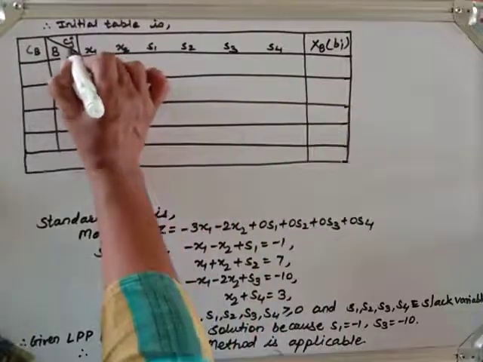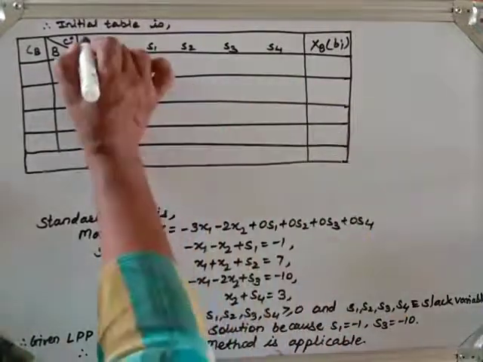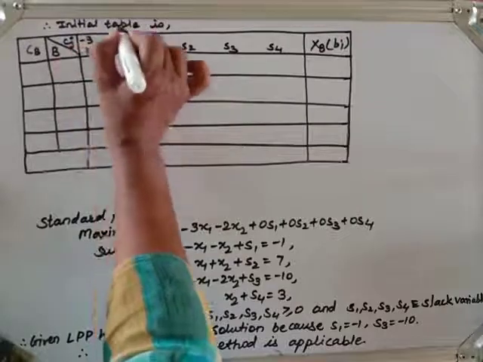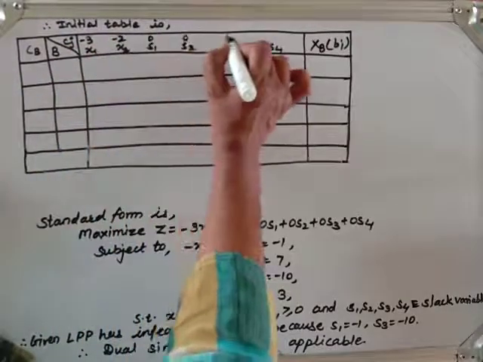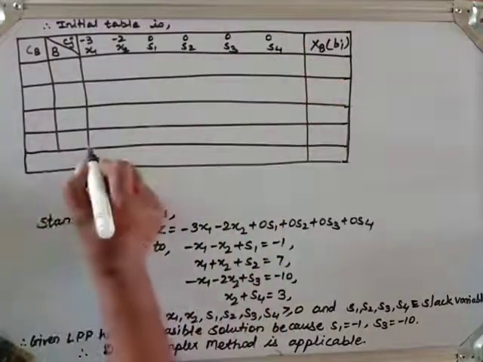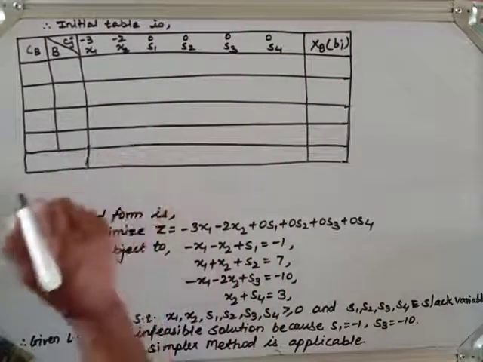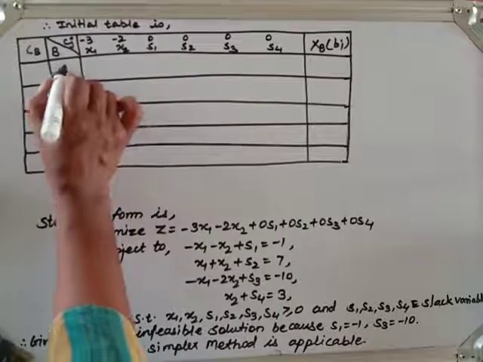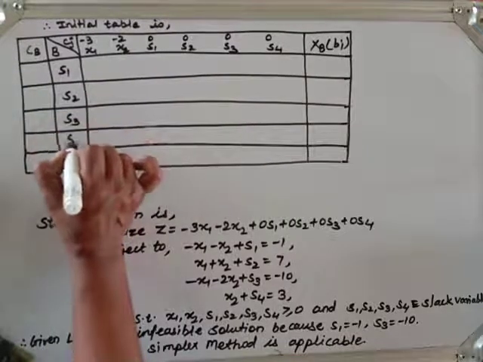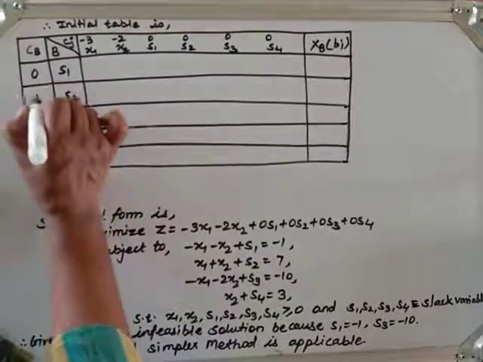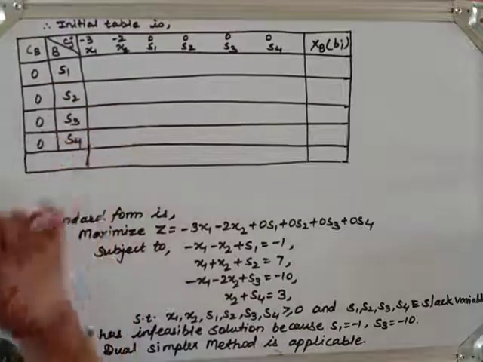Cj means the same coefficients: minus 3, minus 2, 0, 0, 0 and 0. Everything will be the same here. The basis has the same variables s1, s2, s3 and s4, and their coefficients in the objective function are zeros.